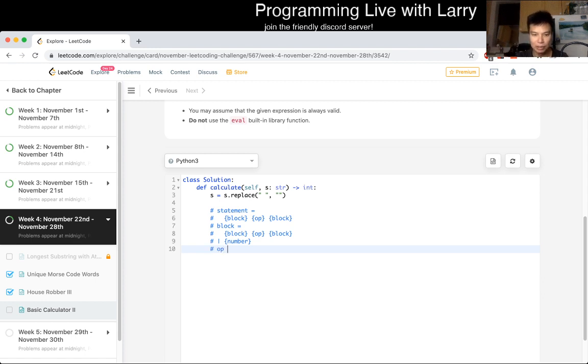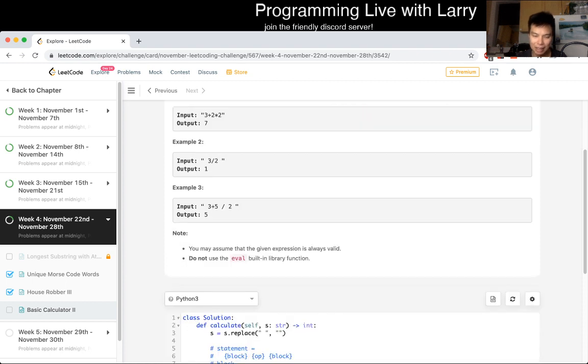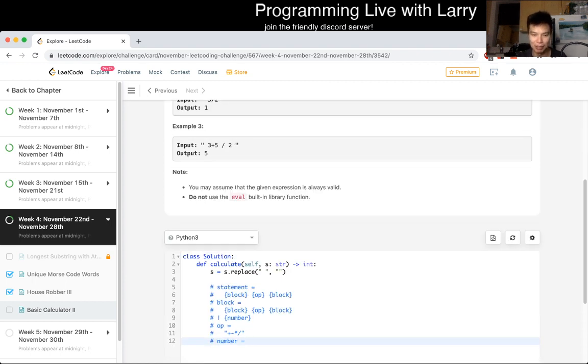And op is equal to basically plus, minus, multiply, division. I think we probably should phrase this in terms of priority, but essentially that's a language, and a number is just some number, obviously digits 0 to 9.